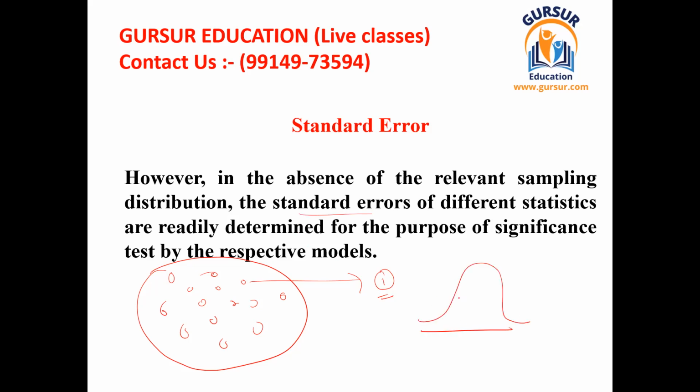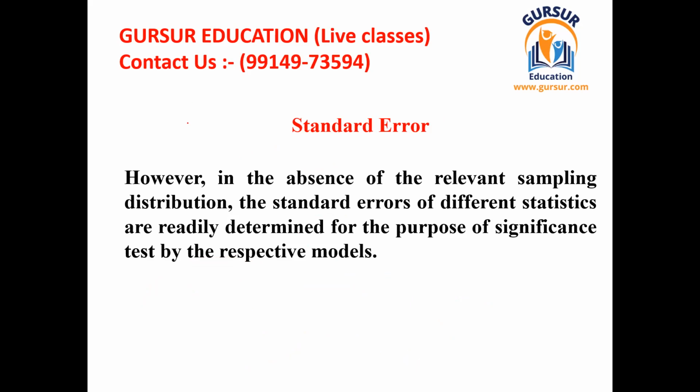And this can be for any value: mean, median, mode, range, quartile deviation, percentile, decile, or anything. For each and everything, the formula of standard error is different, and you have to go through this. Either you have to cram, or you have to learn, or whatever way you can do it. You are not supposed to solve it practically, but its understanding is necessary.